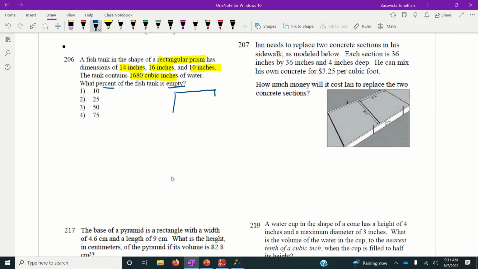So we draw ourselves a rectangular prism. We're going to draw a rectangle, and then another rectangle sort of starting inside of it. Connect your corners. So if our water level is up to here, going around, and the dimensions are 14 by 16 by 10, then we can calculate the entire volume, how much water this should hold, by multiplying the length times the width times the height.